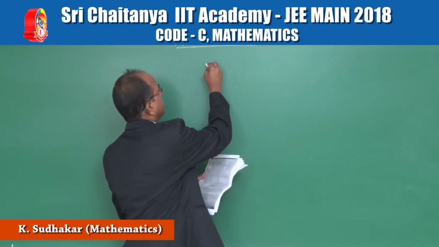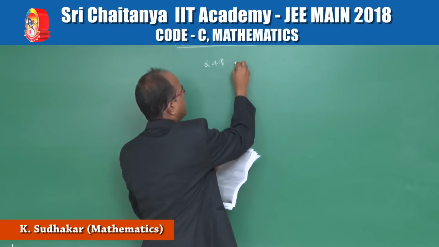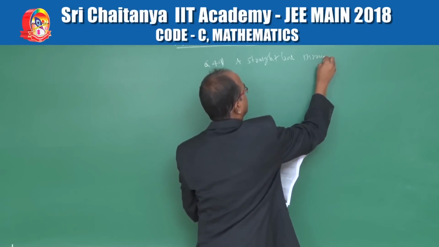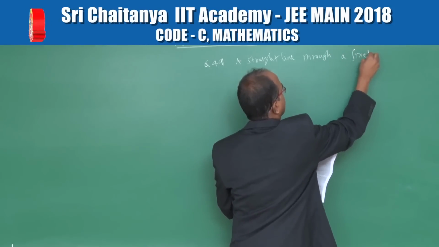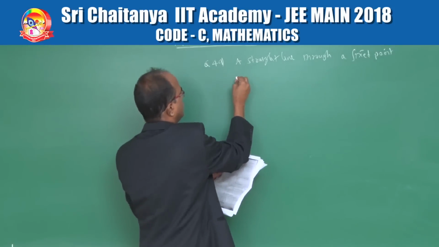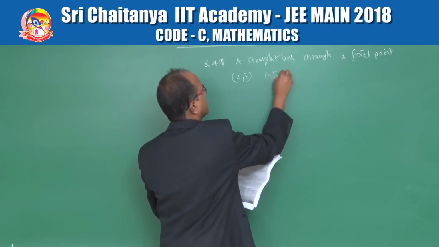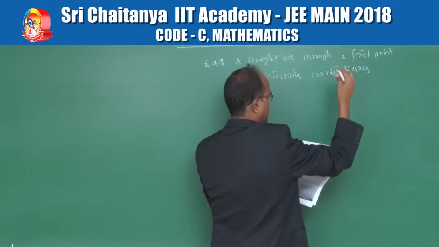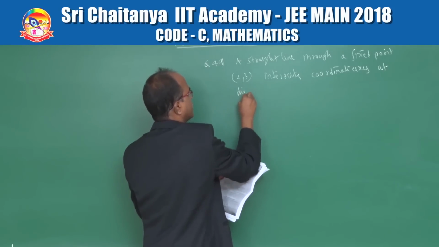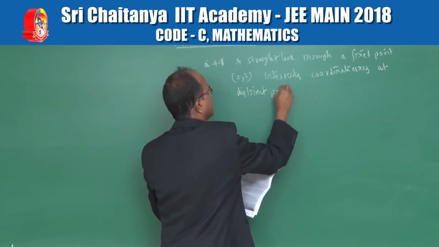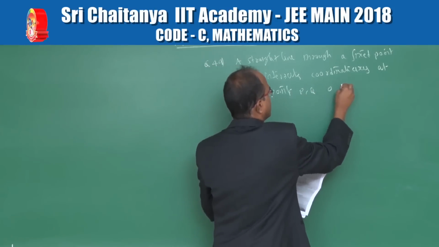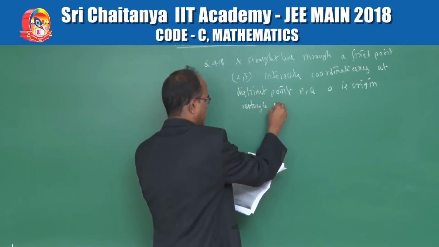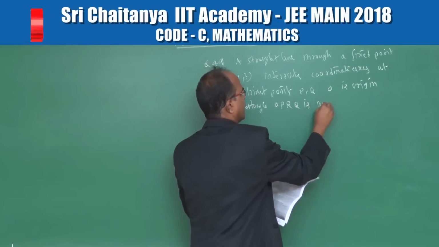Question 49. A straight line through the fixed point 2, 3 intersects the coordinate axes at distinct points P and Q. O is the origin, and the rectangle OPRQ is completed.